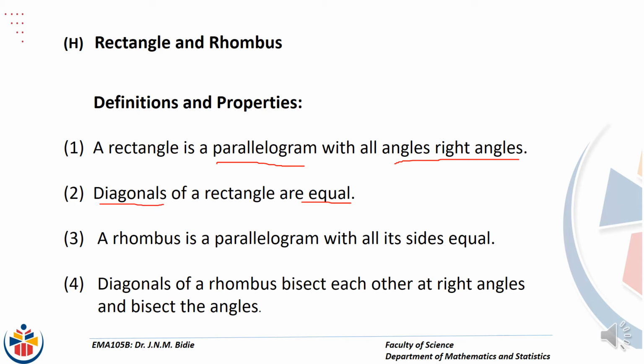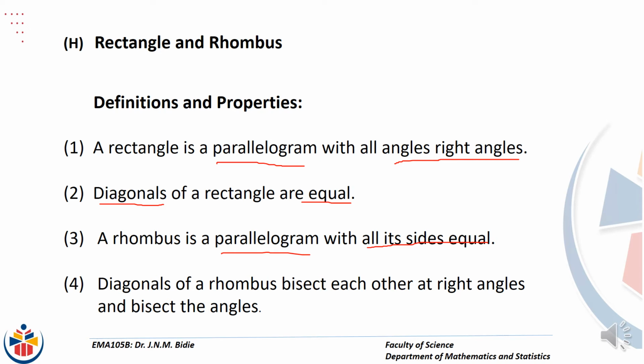Then we come to a rhombus. The rhombus is also a parallelogram, but it has all its sides equal. The first thing that pops up into my mind when we're talking about all sides being equal is a square. It's a parallelogram. Opposite pairs of sides are equal and parallel. Opposite angles are equal.